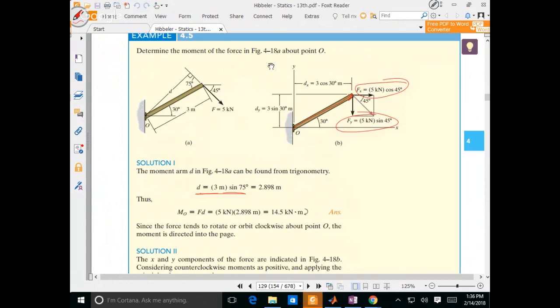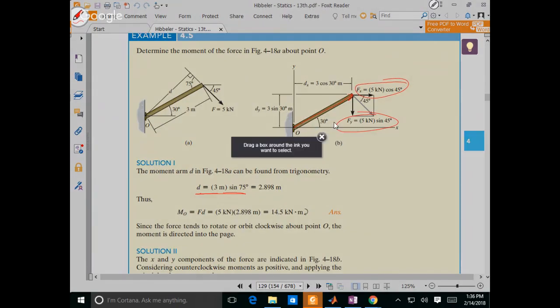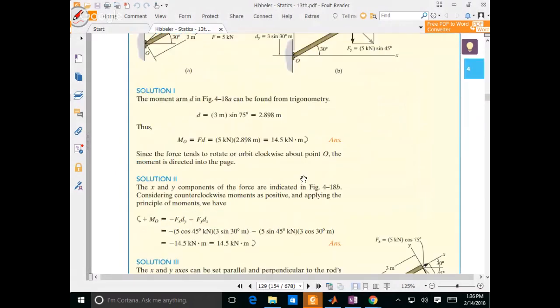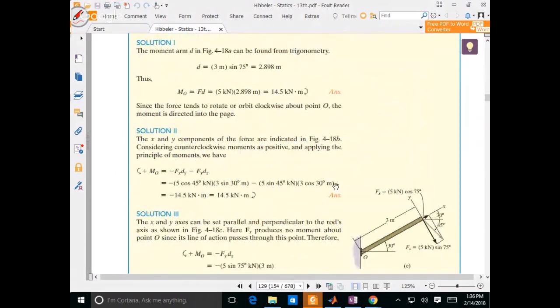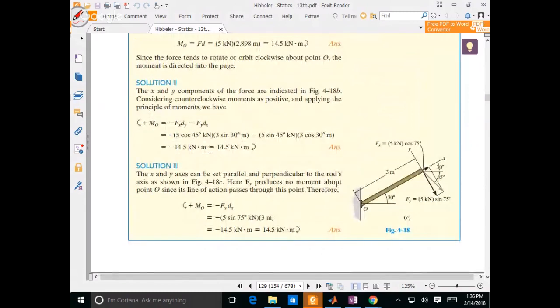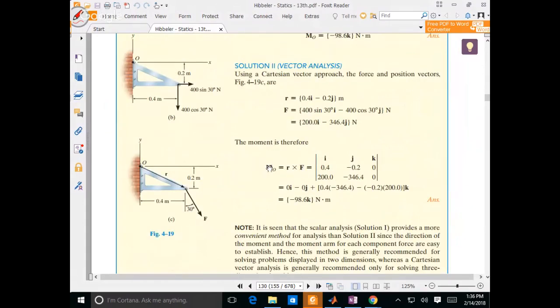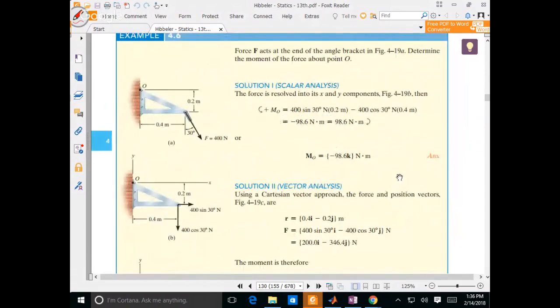I tend to want to work problems in a way that always works and that I don't have to think too much about. And so this one, solution 2, is more along the lines of what I would do. In this case, he does this bar here.